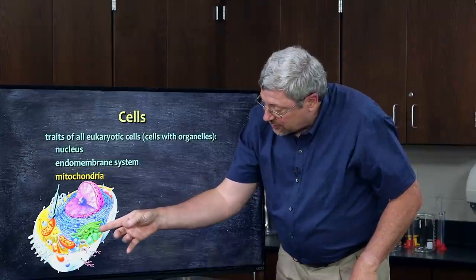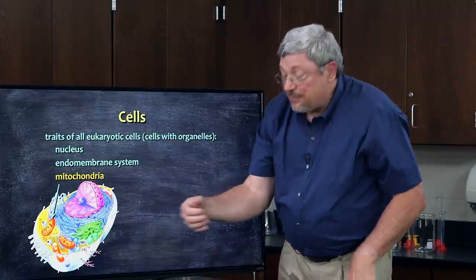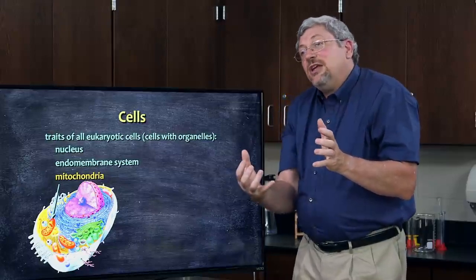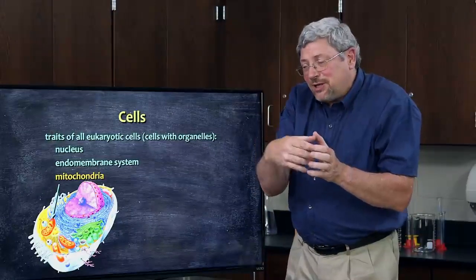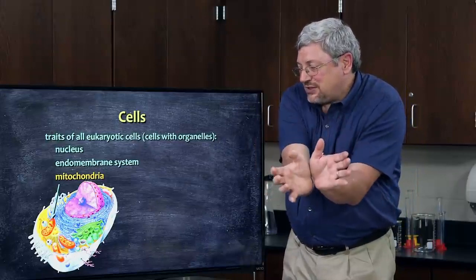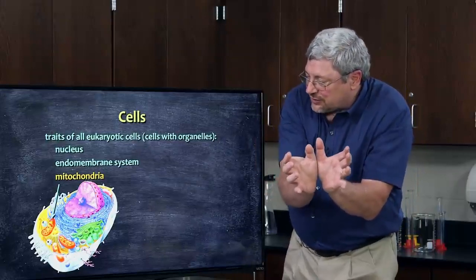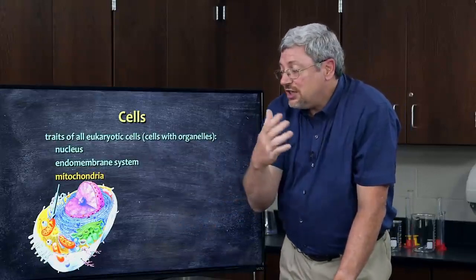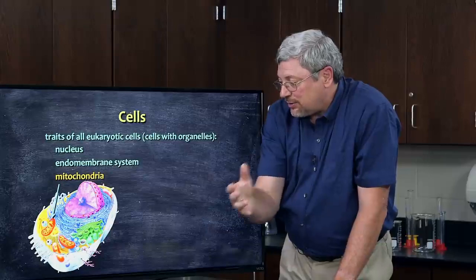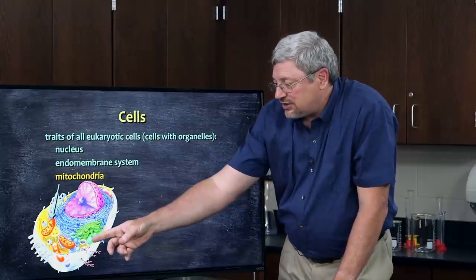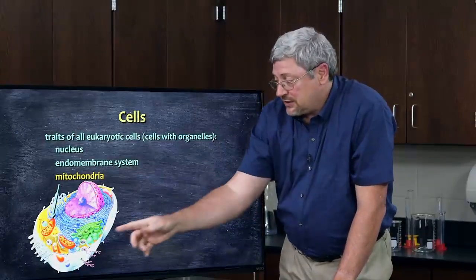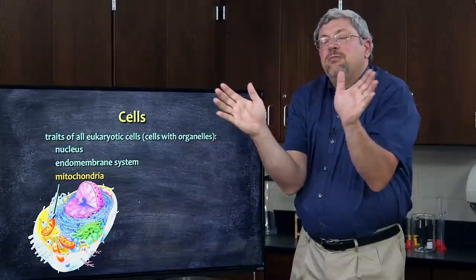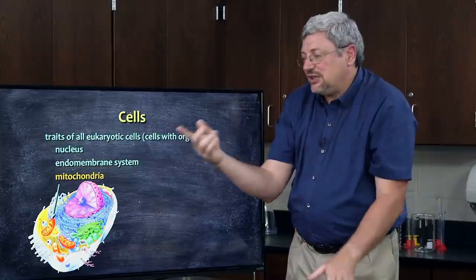Once they're labeled and ready to go, a vesicle will collect all of the molecules with the same shipping label and leave the Golgi body, going to the proper location and dumping those things out there. For example, let's say the shipping label says this goes into the nucleus. Then the vesicle will move over to the nucleus, fuse with the membrane of the nucleus, dumping the molecules into the nucleus.